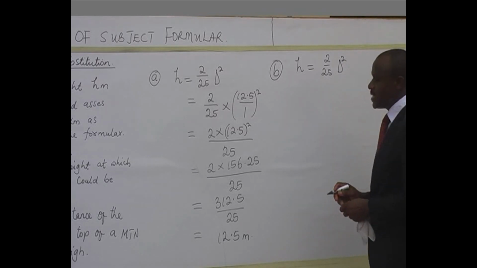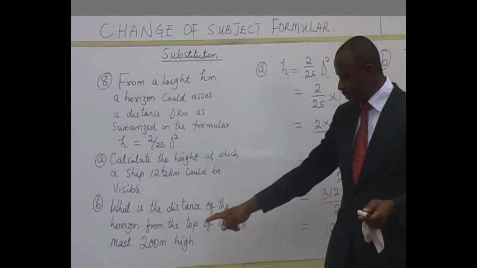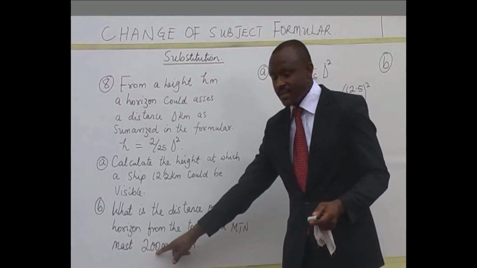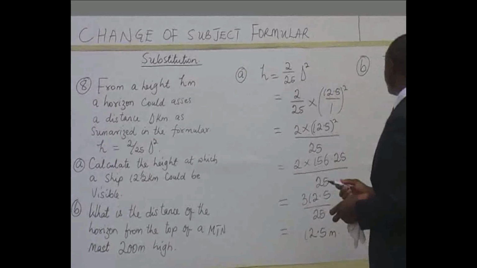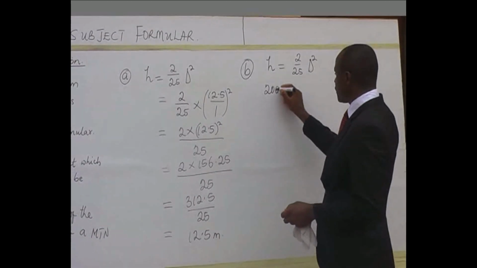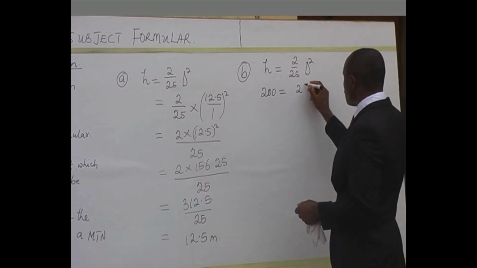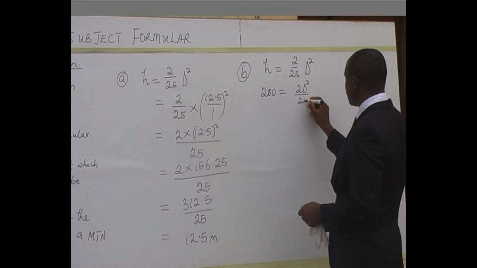In this case, we have been given the height to be 200 meters. That means use 200 to substitute h. What this means is 200 equals 2 times d squared all over 25.